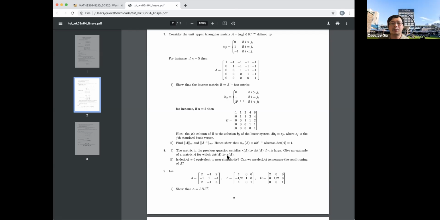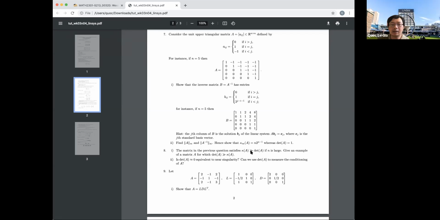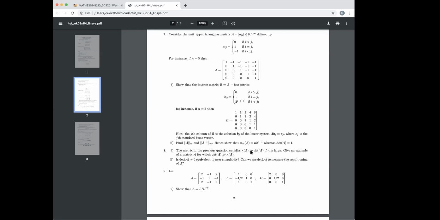So essentially, it just says that the condition number is fixed and the determinant can grow to infinity. Okay, so this one means the delta A is much larger. Yes, much larger, yes. Thank you. Yeah, that notation just means much larger.